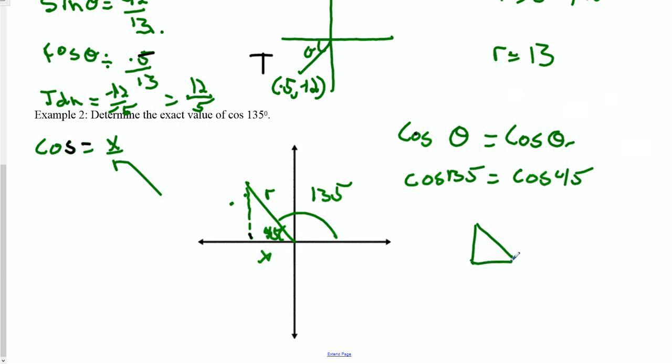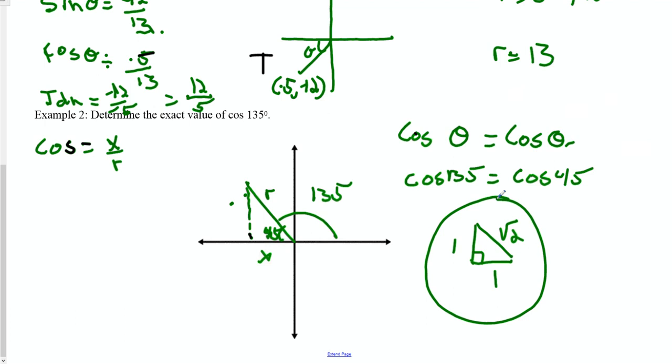All right, so now I just need to go back and think of my special triangles. And if I'm dealing with a 45 triangle, I know my ratios are 1, 1, root 2. So no matter what, I can simplify this down to anything that I need using this handy triangle right here.